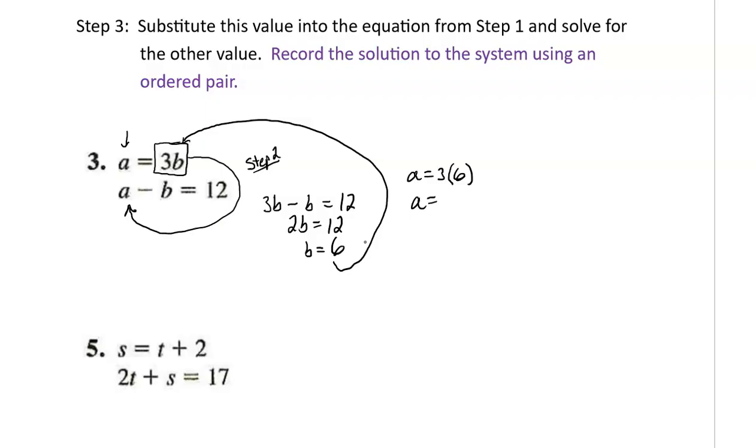And so a is equal to 18. So this step that I did here with this big looping arrow, this is the step 3. I now know the answer as an ordered pair. Now you always use alphabetical order, so the answer is (18, 6), because a comes before b alphabetically.